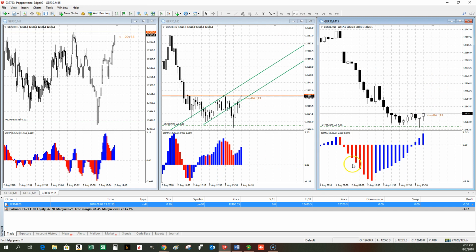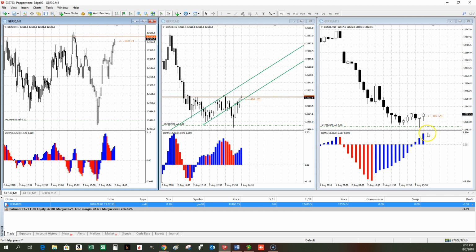We're gonna wait until the moving average of the oscillator starts to be red. Right now it's not a trade. You need to be patient. You need to have some patience.